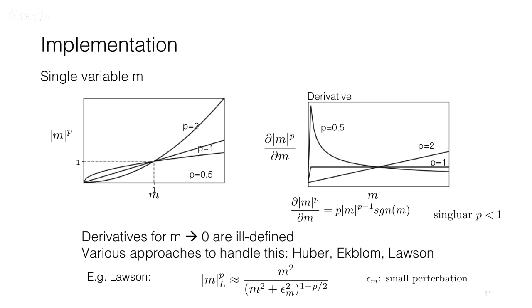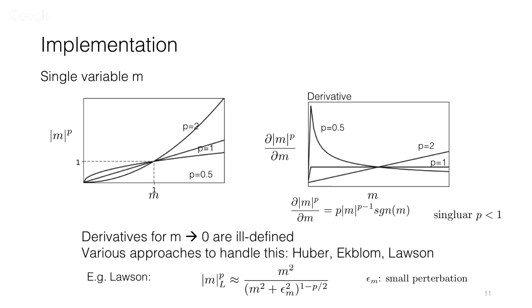Why does this happen, and what are the implications? If we look at the p-th power of variables, not just a single value of m here: if p is equal to 2, we have this quadratic, and when values of m get larger than 1, there's a real high penalty on it, so it penalizes very large values.